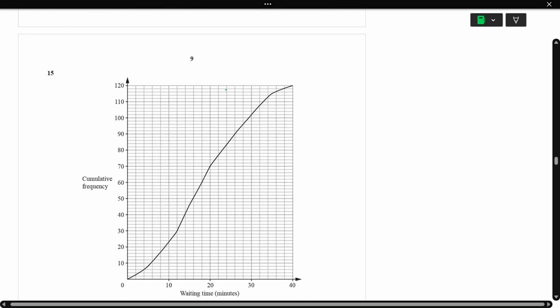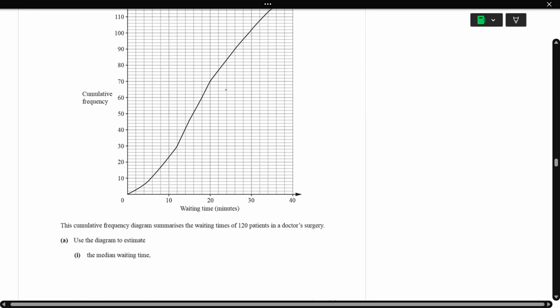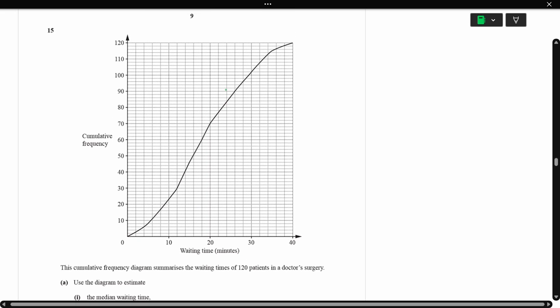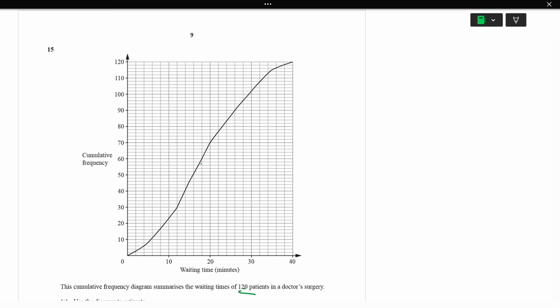Next, question 15. A cumulative frequency graph is given, so use the diagram to estimate the median waiting time. There are 120 patients at the doctor's surgery, 120 divided by 2 is 60.